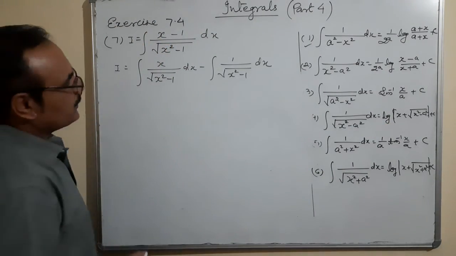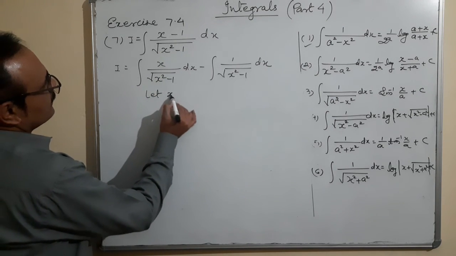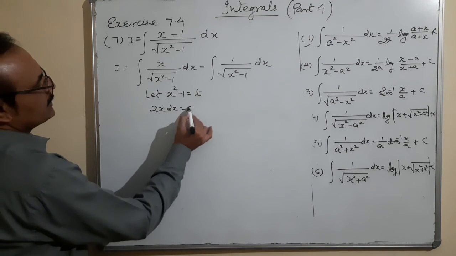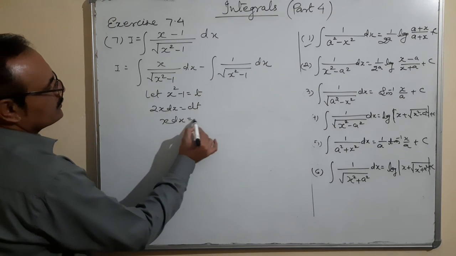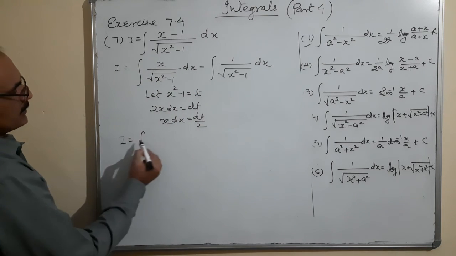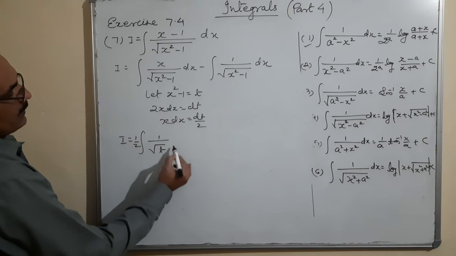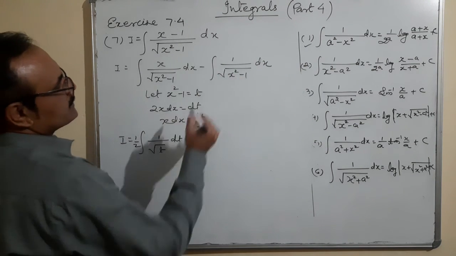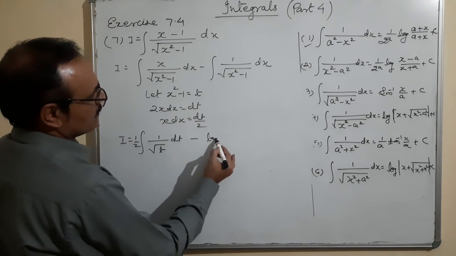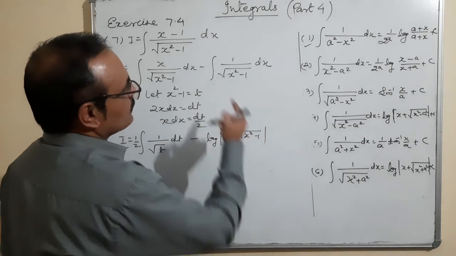Direct formula is here. For the first term, what should be done? We want to remove this x from the numerator. So I'll consider let x square minus 1 is equal to t. 2x dx is equal to dt. Therefore x dx is equal to dt by 2. So I is equal to 1 upon 2 times 1 upon under root t dt, minus log x plus under root x square minus 1; that formula can be used.